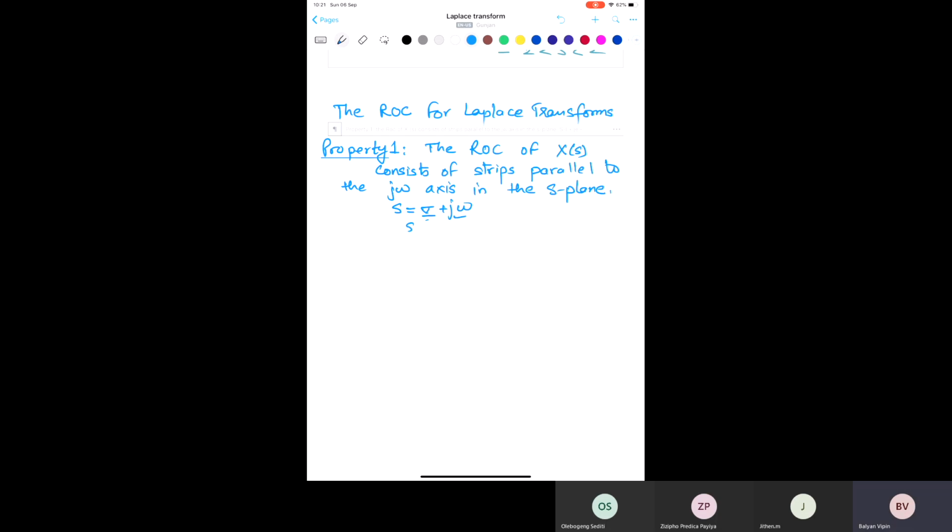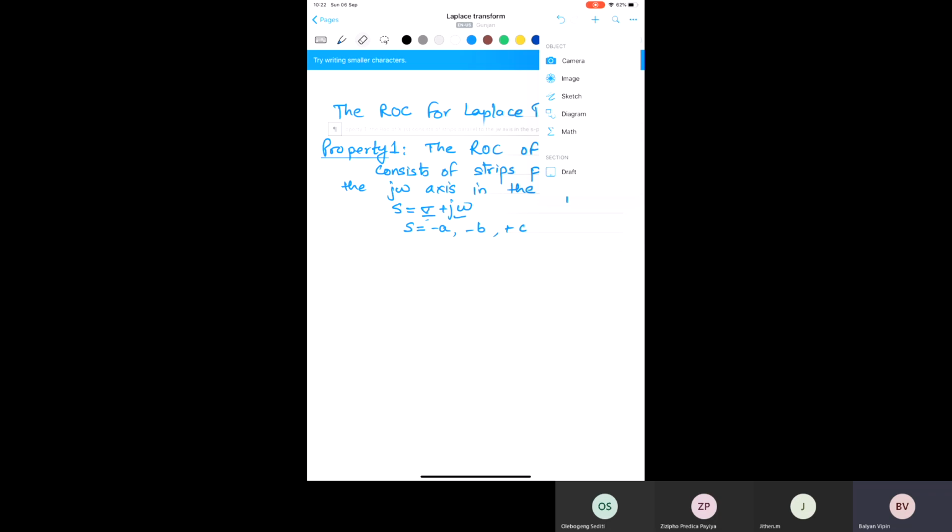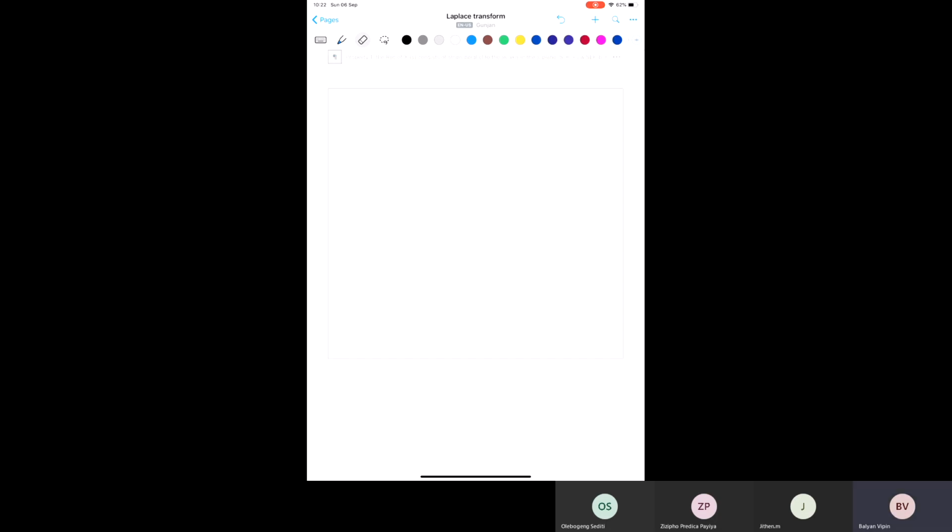So let's say my ROC is something like minus A, minus B, plus C. If I plot it, you call it real S, and the other is imaginary S here.